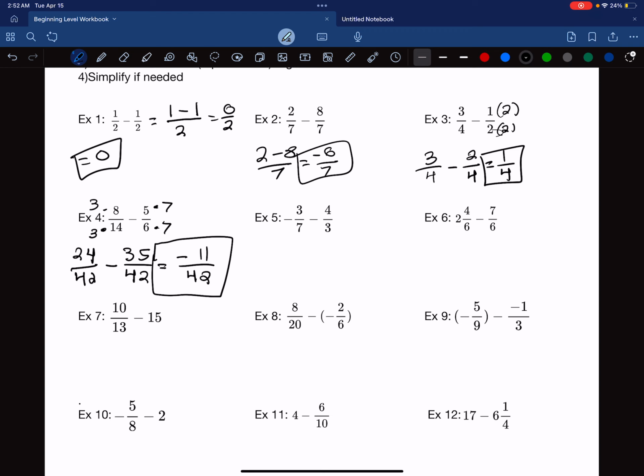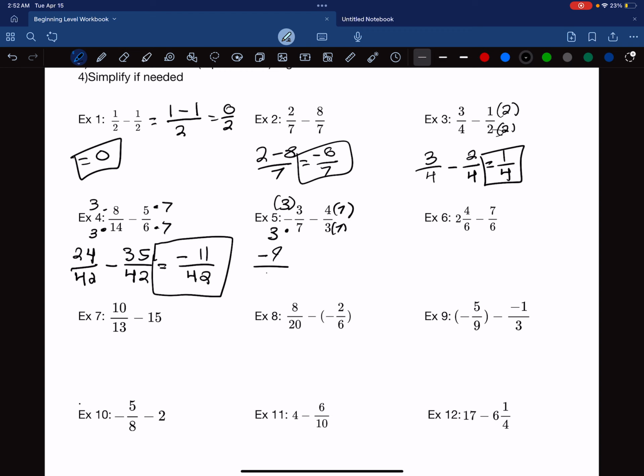Looking at example 5, to find the common denominator, I'm going to multiply by 3, and then I'm going to multiply this by 7. So 3 times 3 is 9, and we're going to make this a negative because there's a negative sign here.